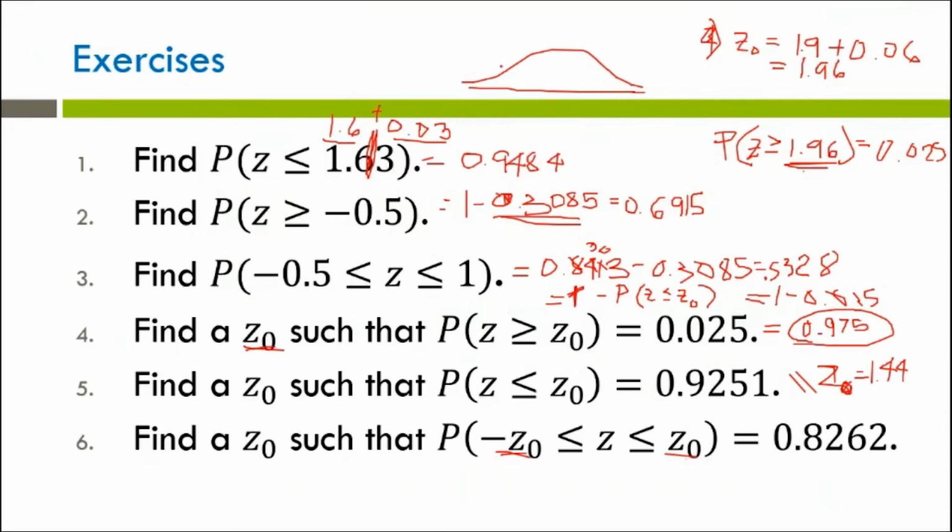That means if this is negative z sub 0 and this is positive z sub 0, and the area in between is 0.8262, and we know that the total area here is 1.0, right?